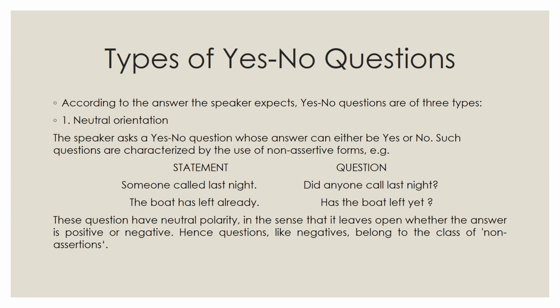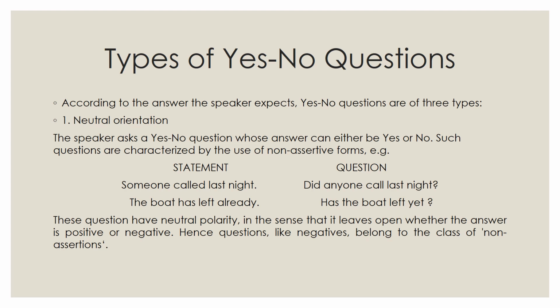Now, yes/no questions can also be of three important types, again according to the answer the speaker expects. We know that yes/no questions are answered by either yes or no. Okay?